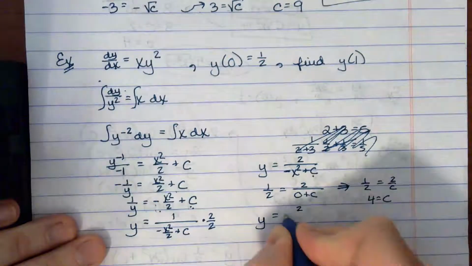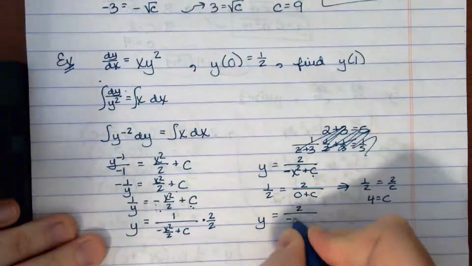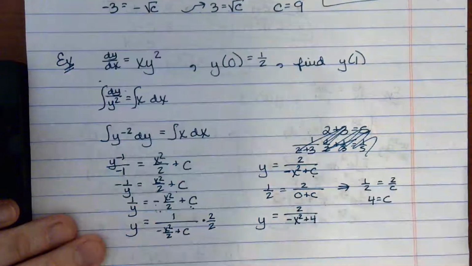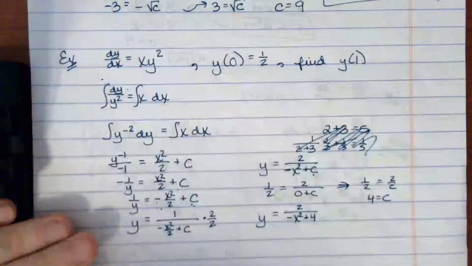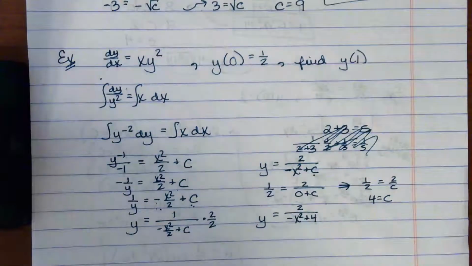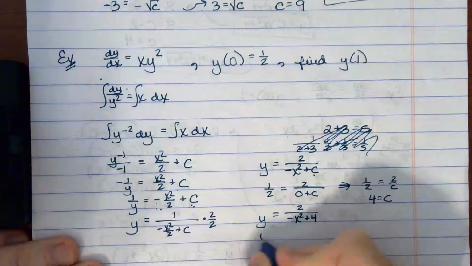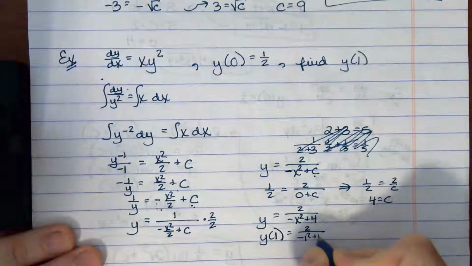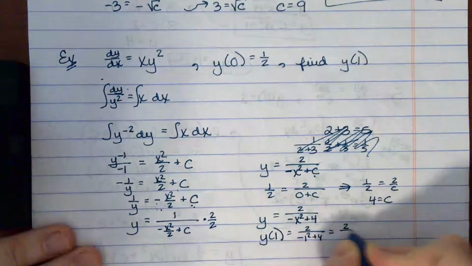Your solution is y equals 2 over negative x squared plus 4. Tell me what y of 1 is. I think this answer is going to be 2/3.